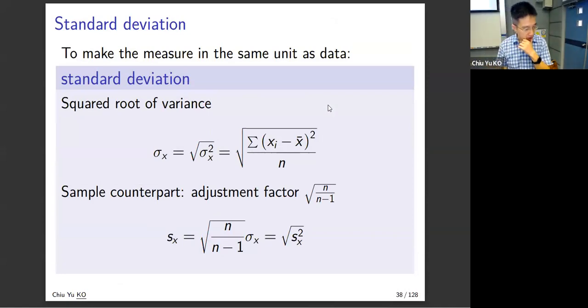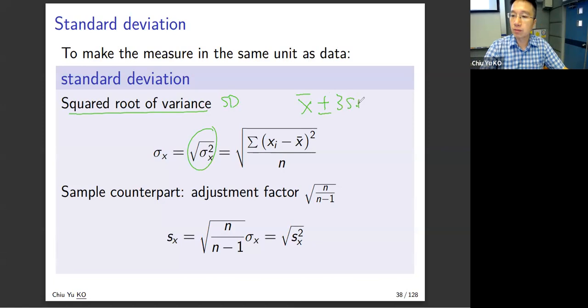It's probably something we will talk about later. It's what we call the empirical rule, which says that most of the data will be within 2 to 3 standard deviations. So if I calculate the SD, which is the square root of variance, that's very simple. Most of the data will be within plus or minus 3 SD, or sometimes 2 SD is sufficient, depending on what kind of thing you're looking at.